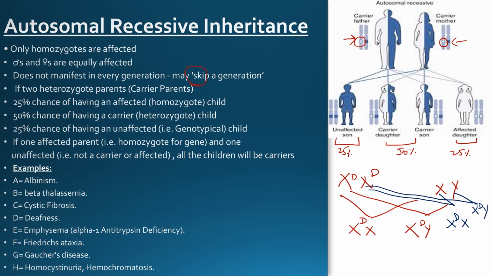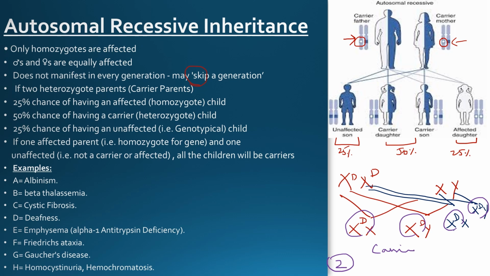As we can see over here, all the offspring have one mutated gene, which means that all of them are carriers. And for an autosomal recessive disorder to manifest, two mutated genes are needed.